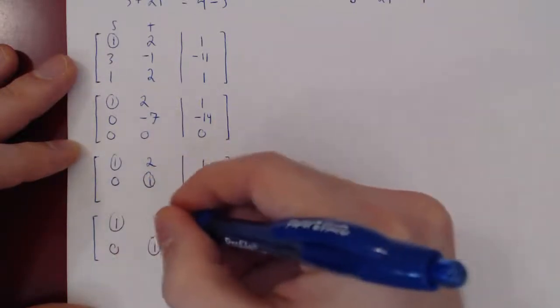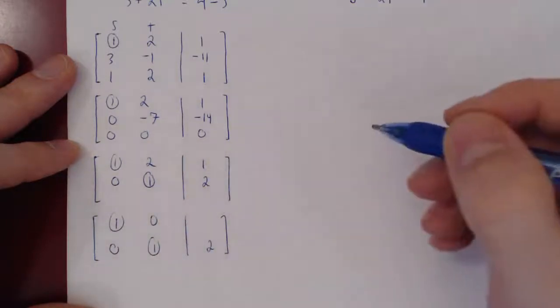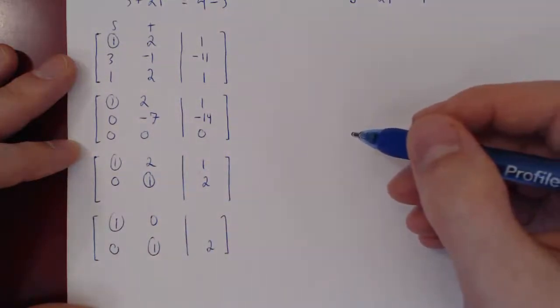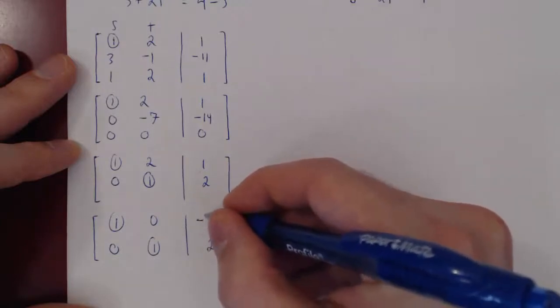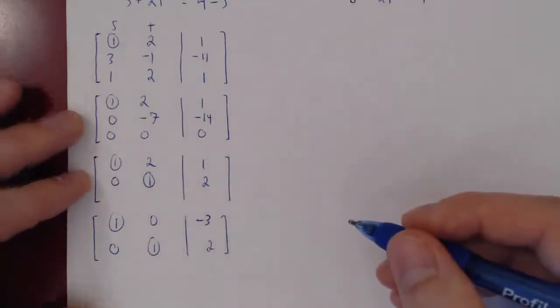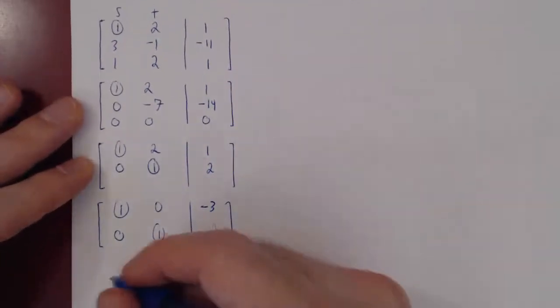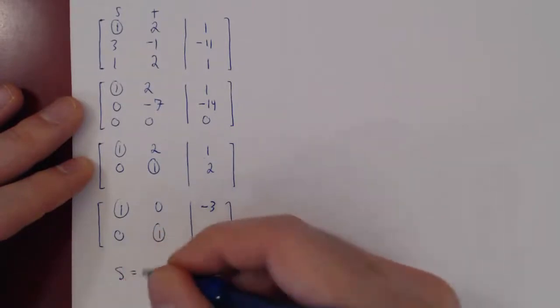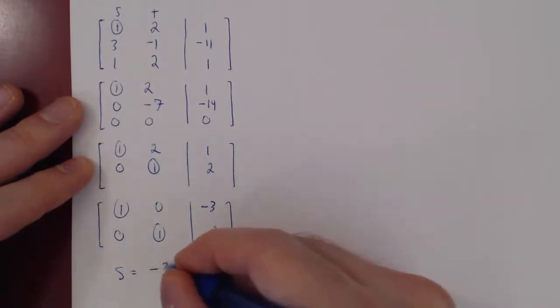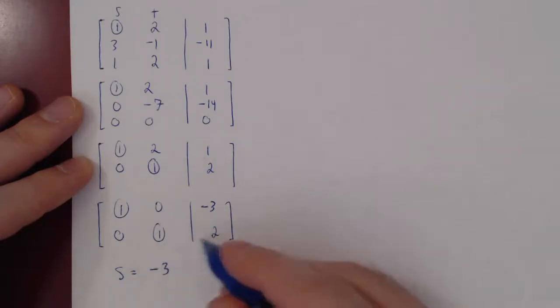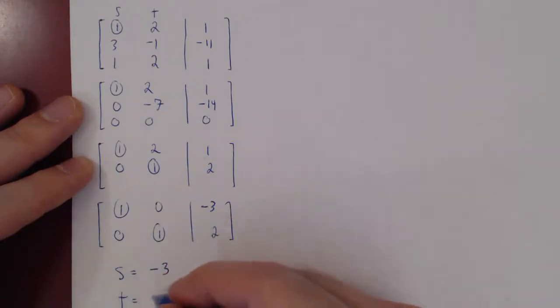So 1, 0. 1 minus 2 times 2 is 1 minus 4, which will give you negative 3. And now we have our solution set. There is a unique solution, s equals negative 3, and t equals positive 2.